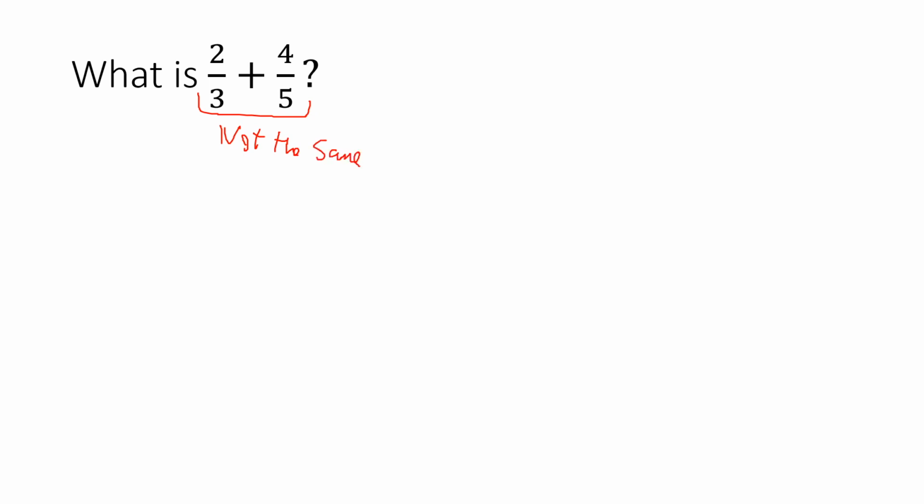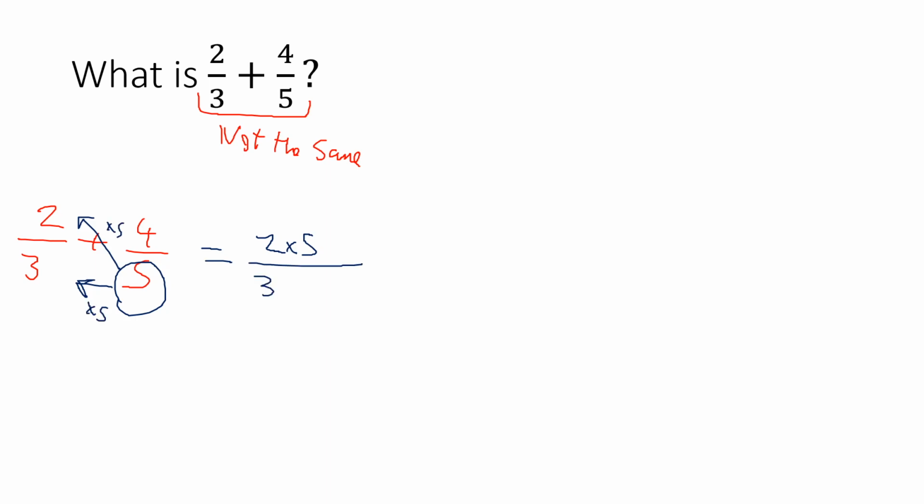So let's make it the same. 2 over 3 plus 4 over 5. Well, the first thing we need to do is get this 5 and multiply top and bottom of the other fraction. So this will be 2 times 5 divided by 3 times 5.